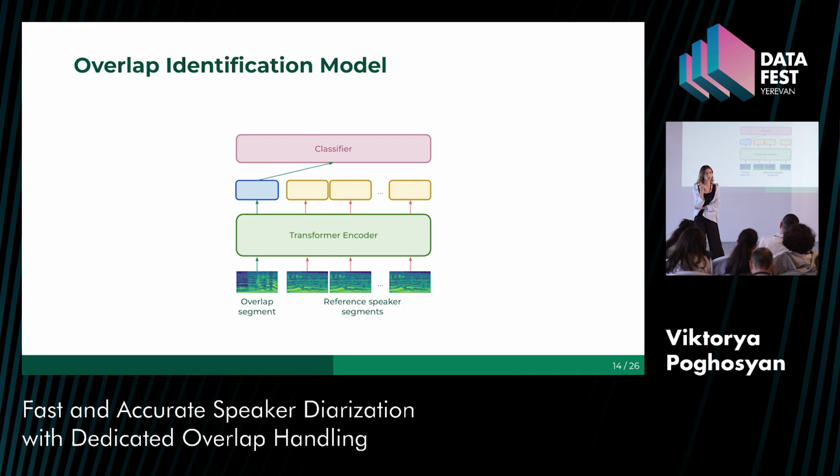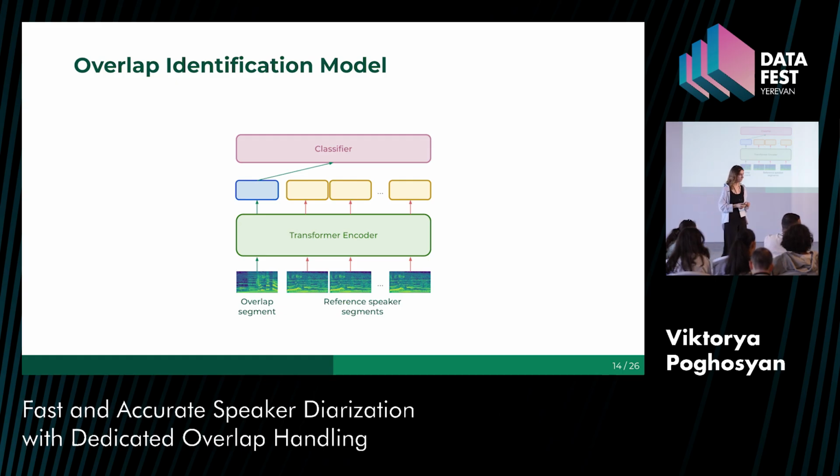Because the data is collected from open source, from YouTube or in such places, there can be cases when in a single audio are spoken in different languages. I didn't set an experiment like that, but I think it can distinguish. It can find that it is the same speaker.